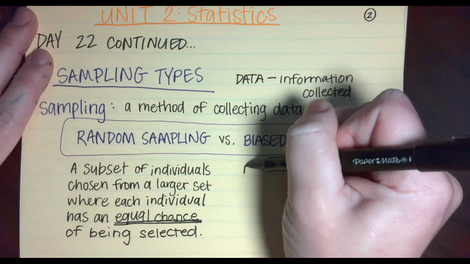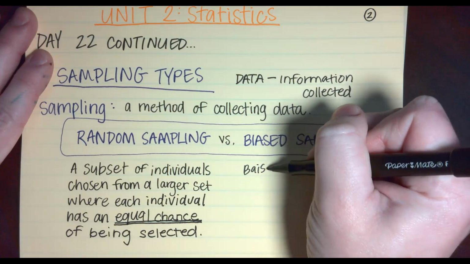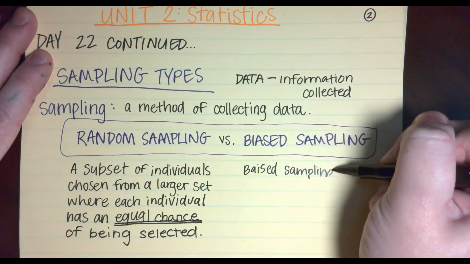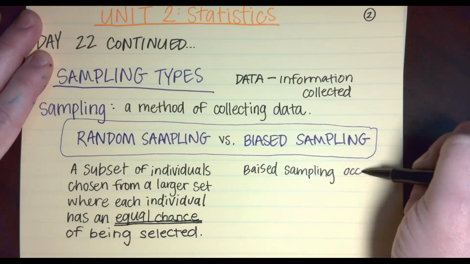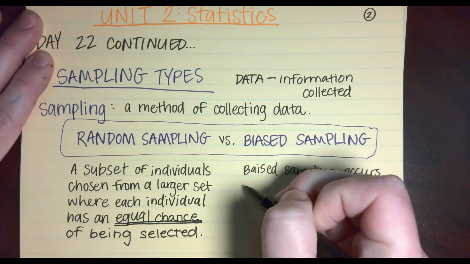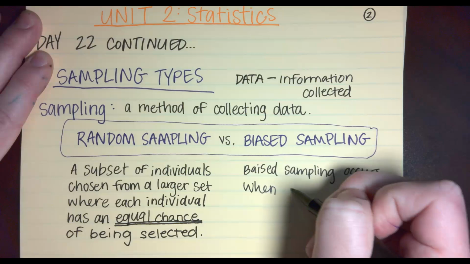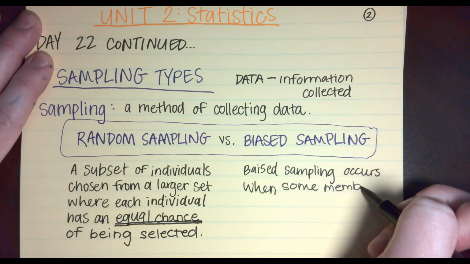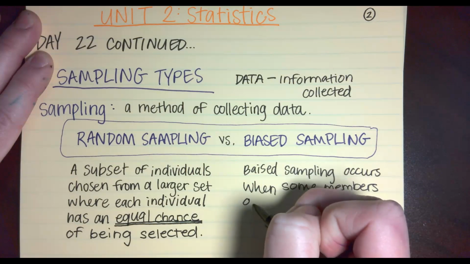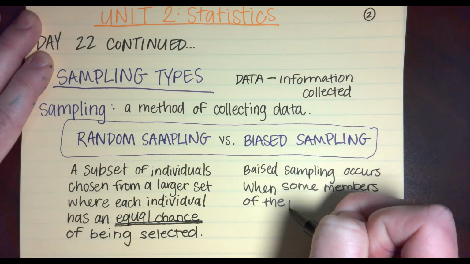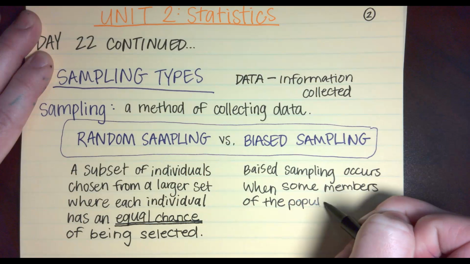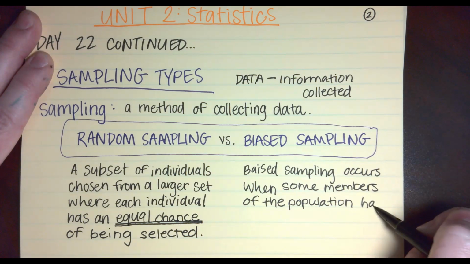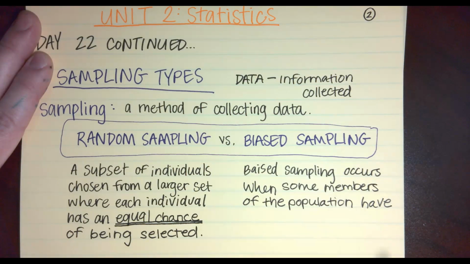Biased sampling occurs or happens when some members of the population have a higher or lower chance of being selected.